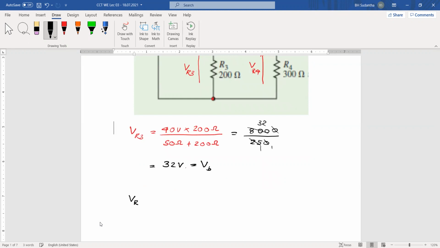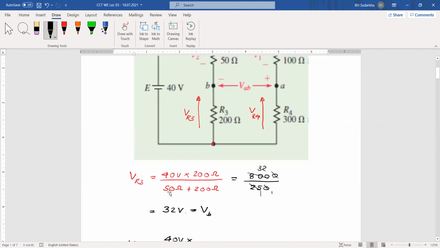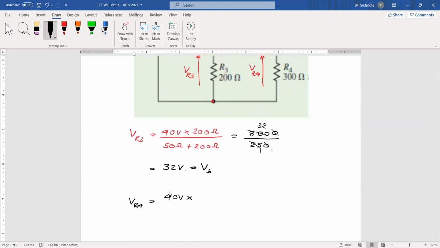Then VR4 is again 40 volts, and this is 300 ohms.